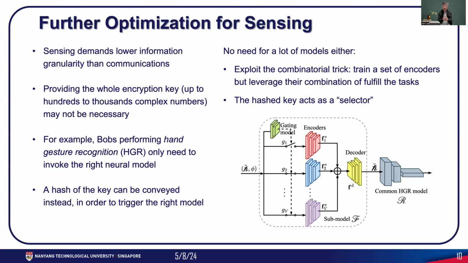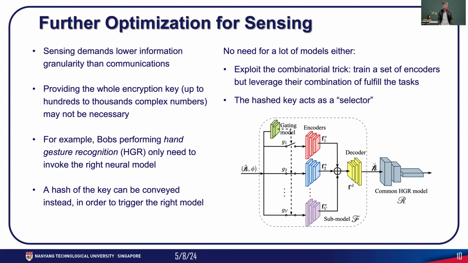Secondly, within all these usable keys, we want to choose the best that can balance the performance between different users. And finally, we also make a lightweight key conveying process for sensing users, so that we don't need to convey the whole long key or large volume keys to sensing users, but just its hash.